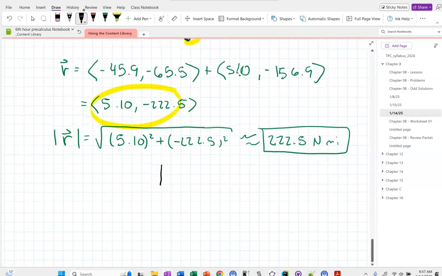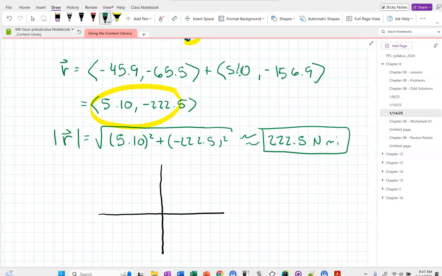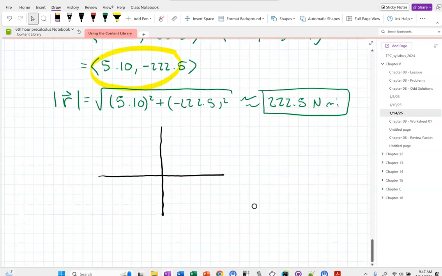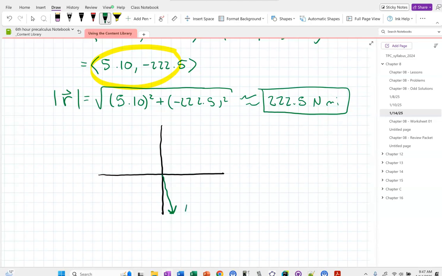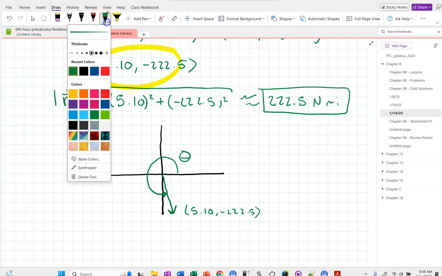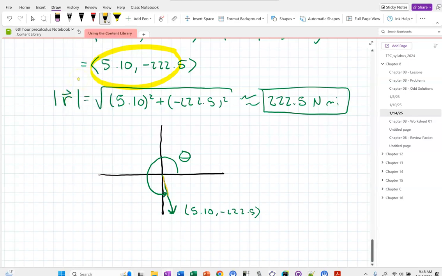The other piece we need is the direction so we can find the bearing. So if I plot our vector, that's basically this guy, and I want that angle, right? Well, if I do the same thing that we did first semester, I need to find that angle.